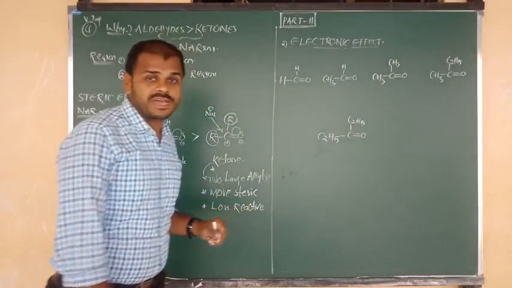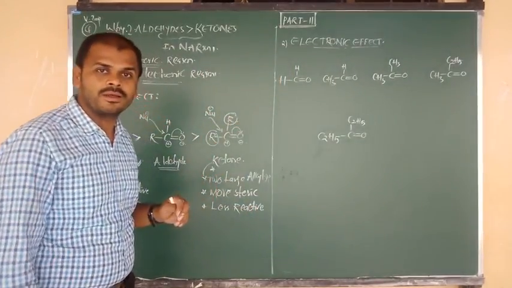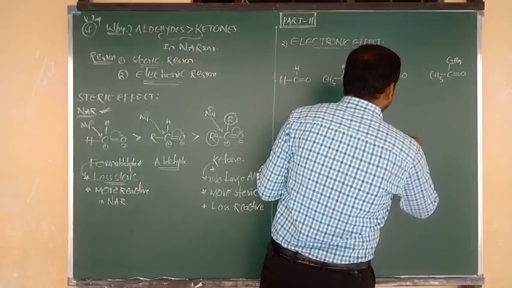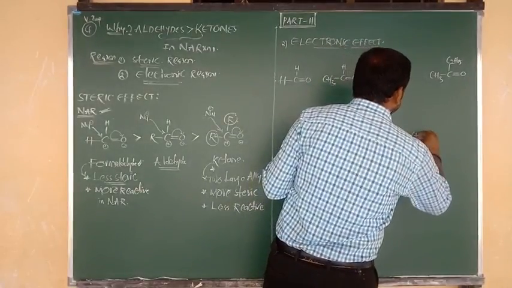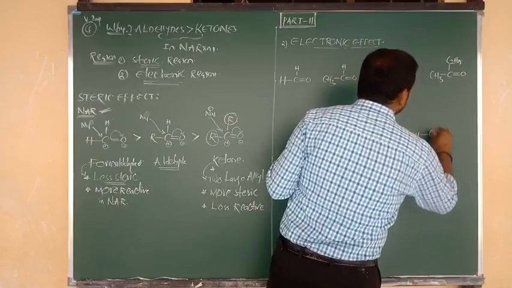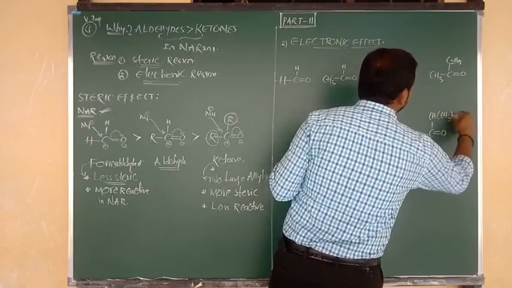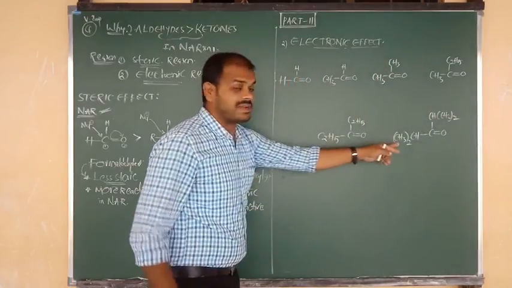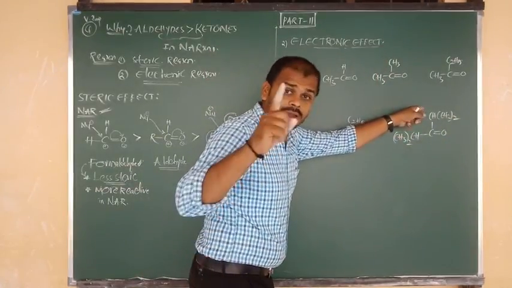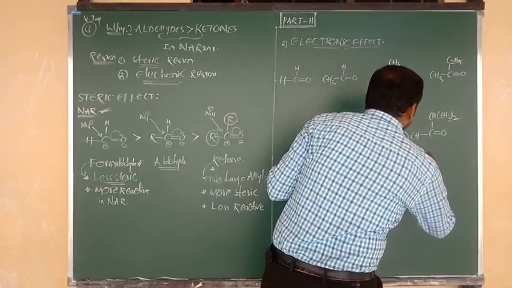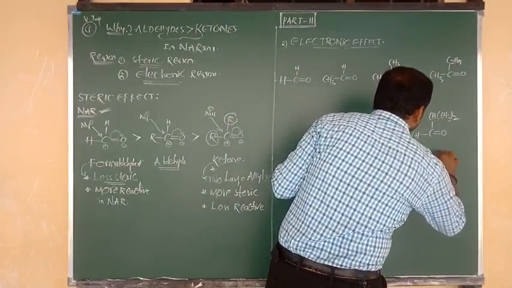Two ethyl groups on both sides, that means diethyl ketone. Another example I am going to consider: CH3 taken twice, CH bonded to C double bond O bonded to again CH, in brackets connected to CH3 taken twice. That means isopropyl, isopropyl, diisopropyl ketone.